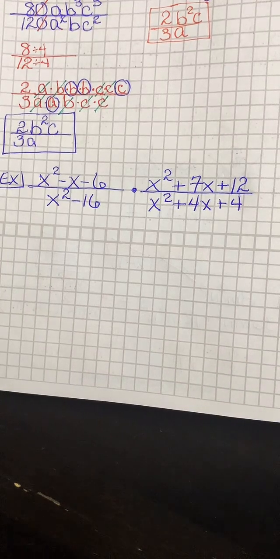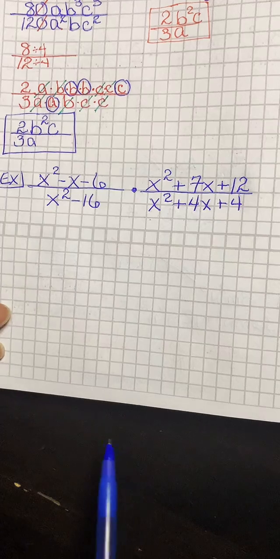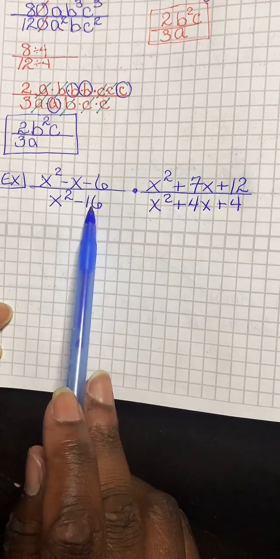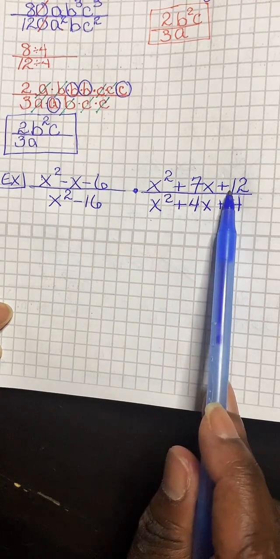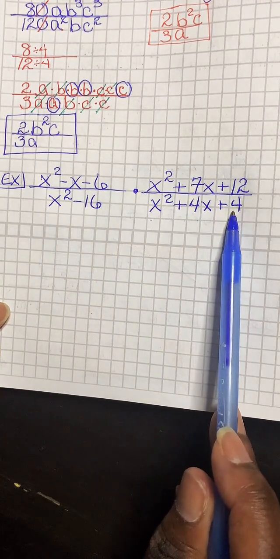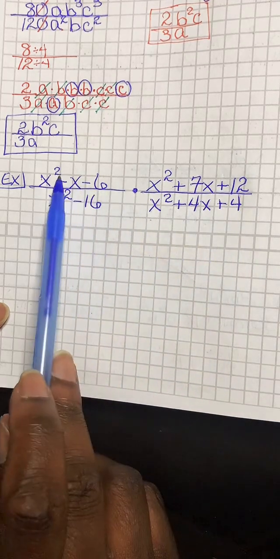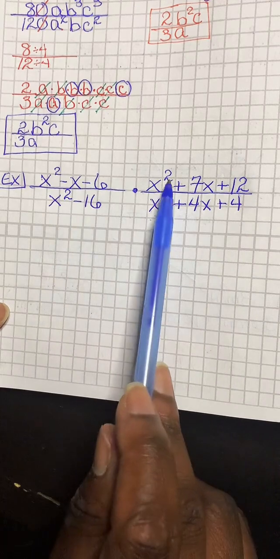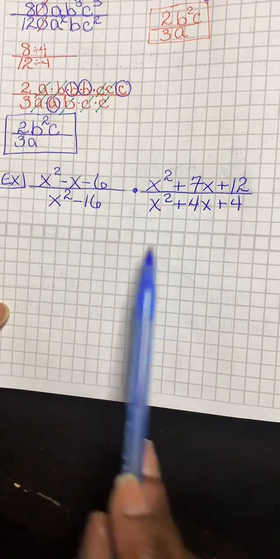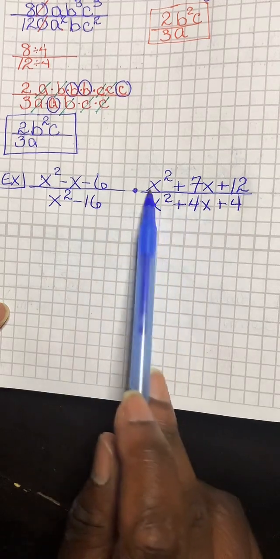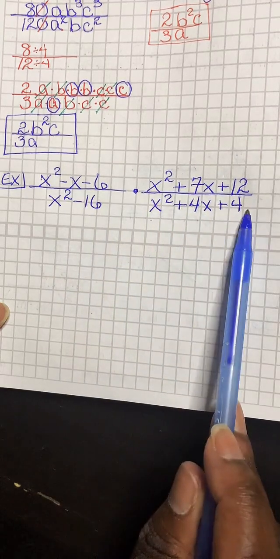Yes, we're going to be factoring. So not only are we going to factor the numerator and the denominator of the first, we're also going to factor the numerator and denominator of the second ratio. The reason I'm saying that is my highest exponent is a square. I have a trinomial up here, a binomial right here, a trinomial and a trinomial.